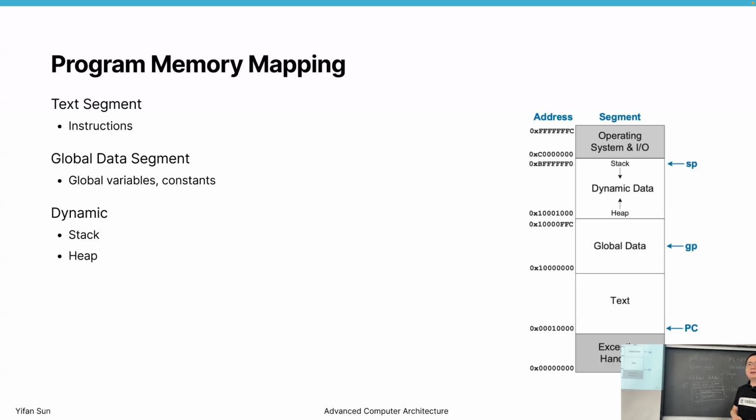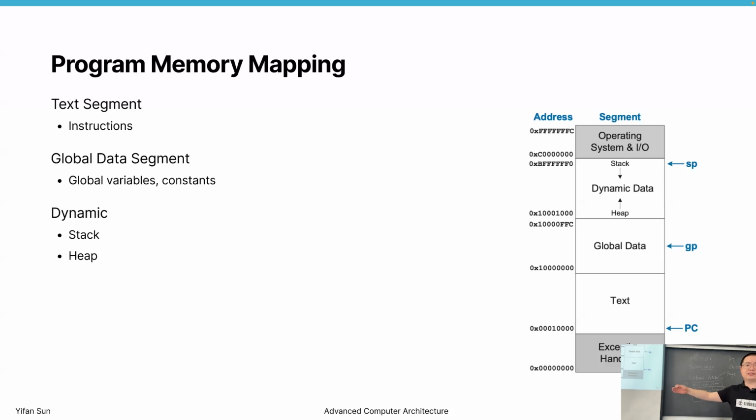Okay, so a page. This page can be either large or small, right? A smaller page and a large page both have advantages and disadvantages. The advantage of a large page is that once you search and find one entry, you can get a lot of information.